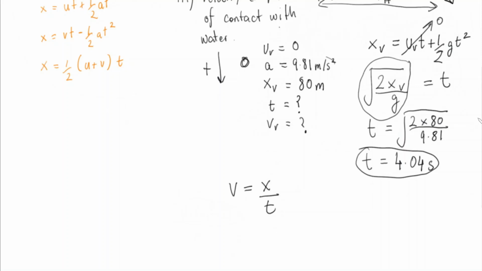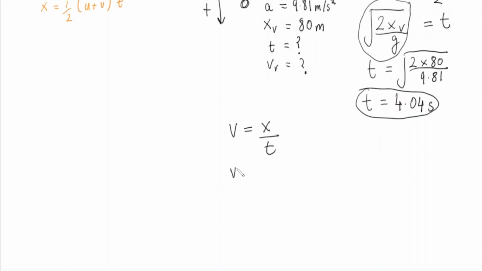So v in this case is just going to be the velocity horizontally, and x is our unknown, and our time is given as 4.04 seconds, which we calculated before. VH is 30 meters per second, so I'll sub that in, so it'll be 30, and x is going to be our horizontal, so I'll put that there, and I'll take 4.04 to the other side to find our XH, so I'll go 4.04 times 30.